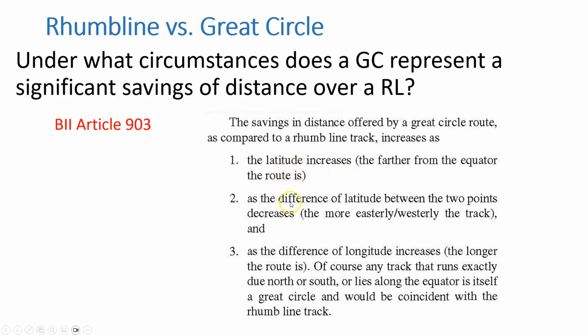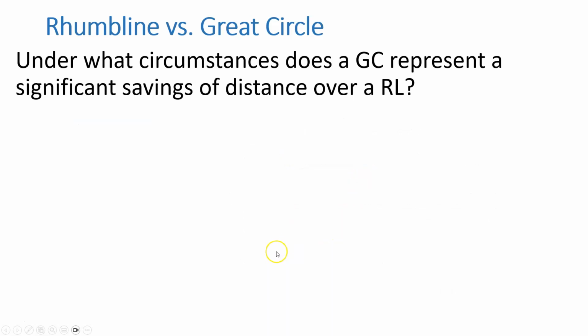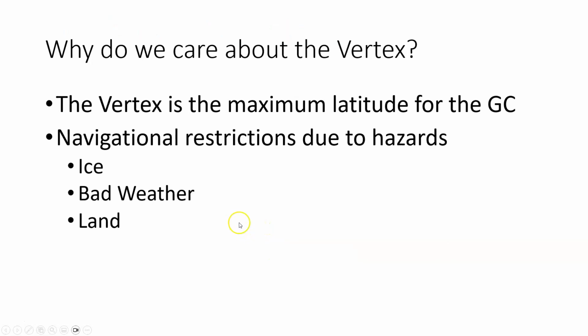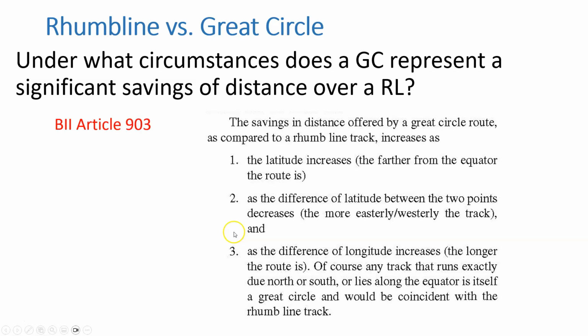Now we can put these two together. If I'm going east-west down near the equator, probably not so much savings. But if I'm going east-west closer to the poles, probably some savings. And then this third one works with these as well: as the longitude increases, the longer the route is, the more potential you have for a great circle to give you significant savings.